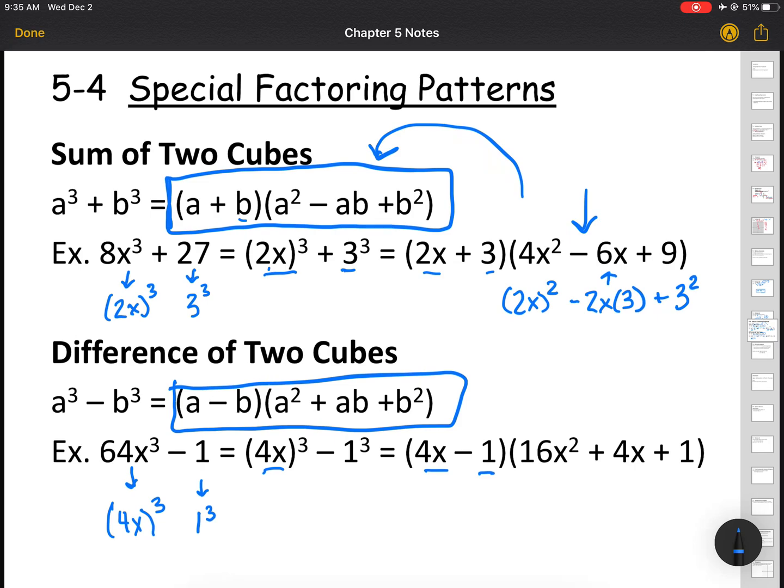And then it goes my first term squared, or a squared, which was 4x squared, which simplifies down to 16x squared. Then we're adding the first term times the second term b, which is still 4x. Then lastly, the second term squared, or b squared, was 1. So that's how they're getting that factor that's inside the parentheses there. And then it's considered factored all the way down completely.